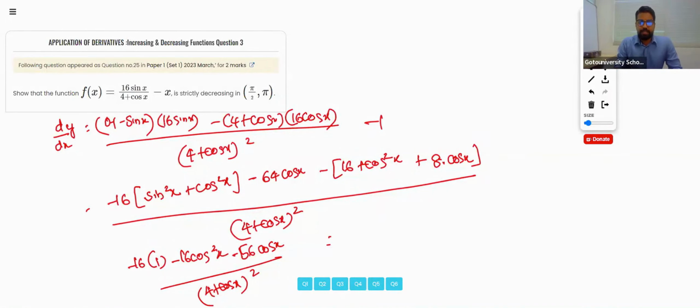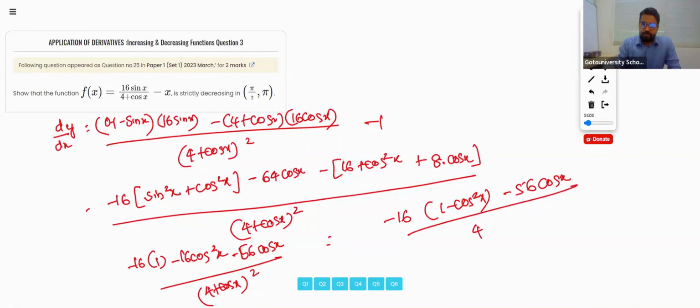Whatever the value of cos x, the square of that is going to be positive. So I am ending up with minus 16 common. That is 1 minus cos square x. What is 1 minus cos square x? That is nothing but sin square x, right? Minus 56 cos x divided by 4 plus cos x whole square.